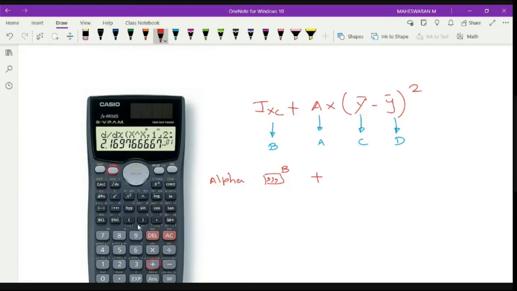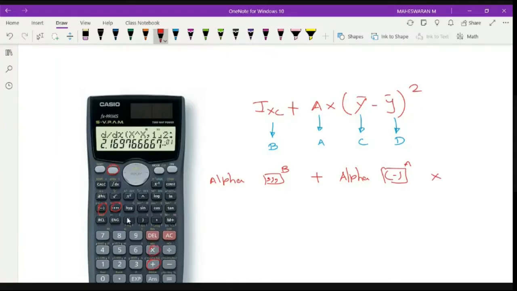So click plus button. After B, plus button. Then A. So again alpha, so plus alpha and A. So A is the symbol A, right? Then the into button, right? This into button.